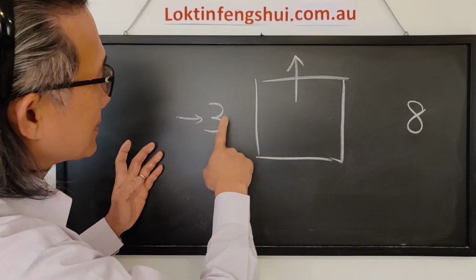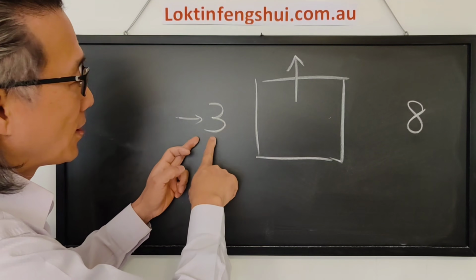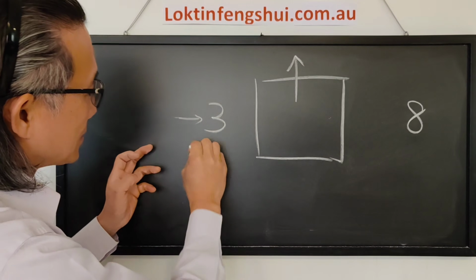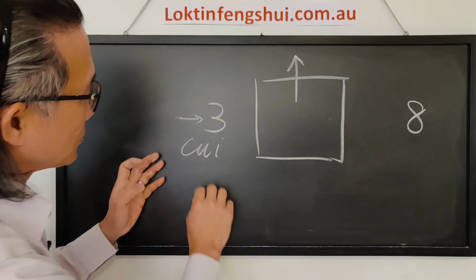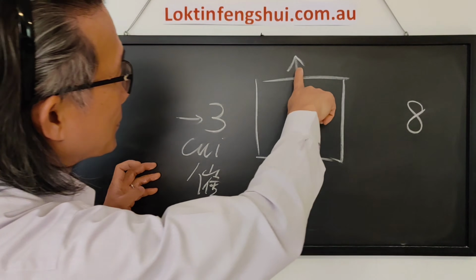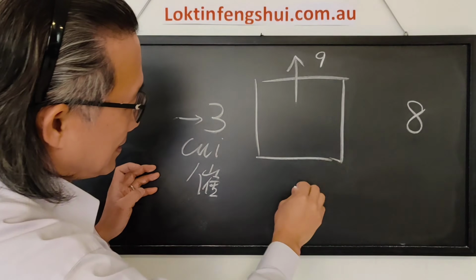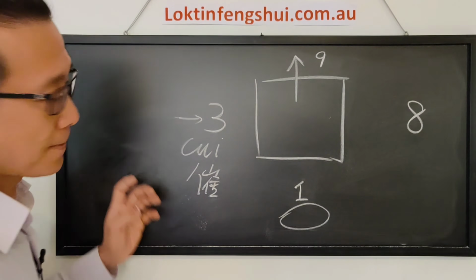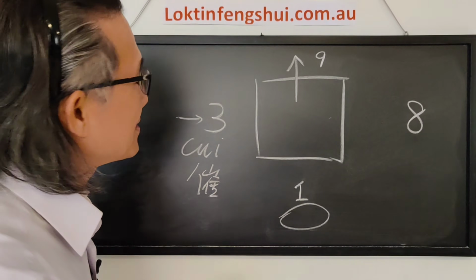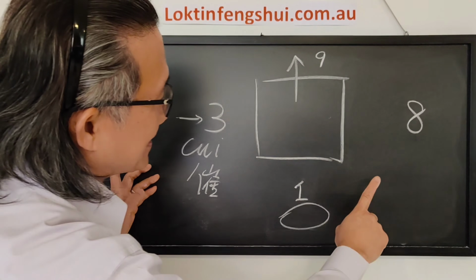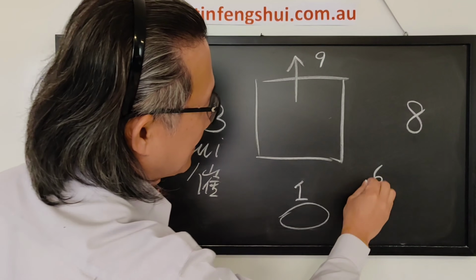And also, because that is the trade, the speed up, okay. And also, because it's 9, and this is 1, then you can put some water here, according to the Sanyan Chi system. And then you can also put some water in the 6 here.